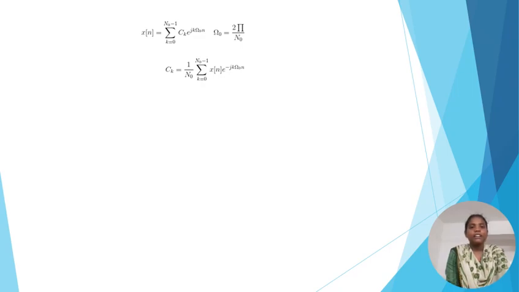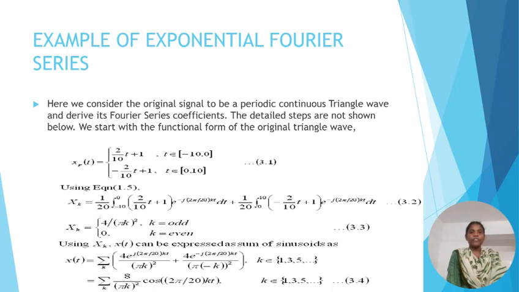And next we discuss an example of the exponential Fourier series. Here we consider the original signal to be a periodic continuous triangular wave and derive its Fourier series coefficients. The detailed steps are not shown below. We start with the function form of the original triangular wave.